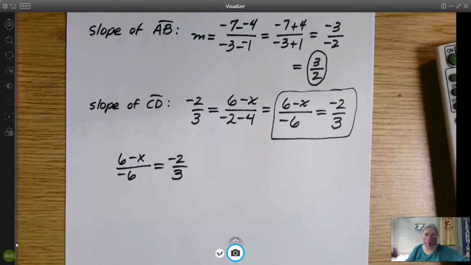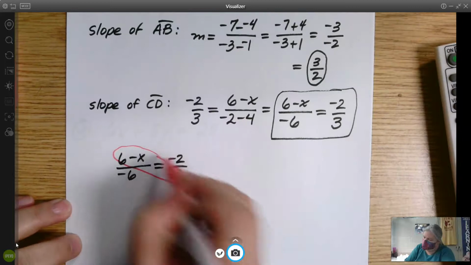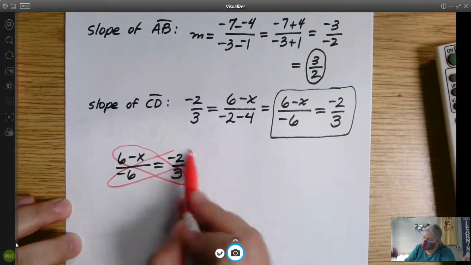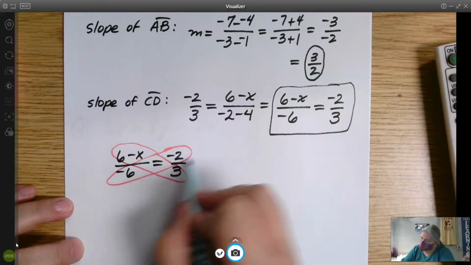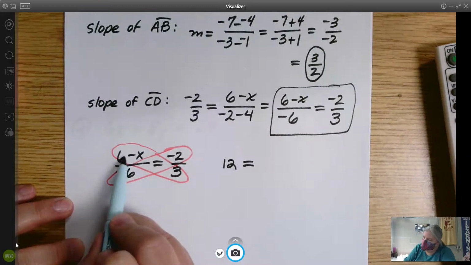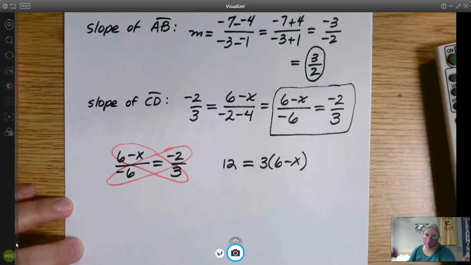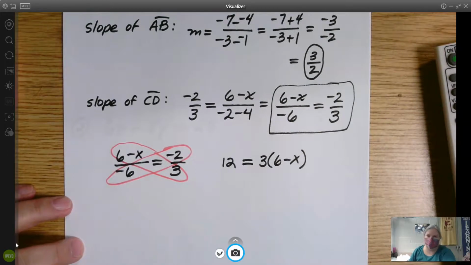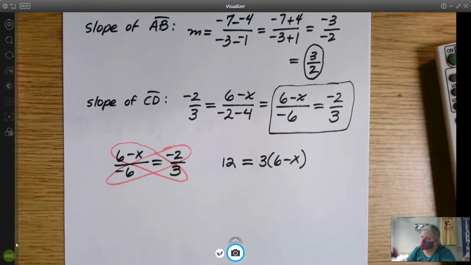I'm going to cross multiply. I'm going to multiply 6 minus x times 3, and I'm going to multiply -6 times -2. Let's do the -6 times -2, and I get 12 equals 3 times 6 minus x. I need to do it like this: it's 3 times all of 6 minus x, not just 3 times the 6. So I need to put it in parentheses and distribute.